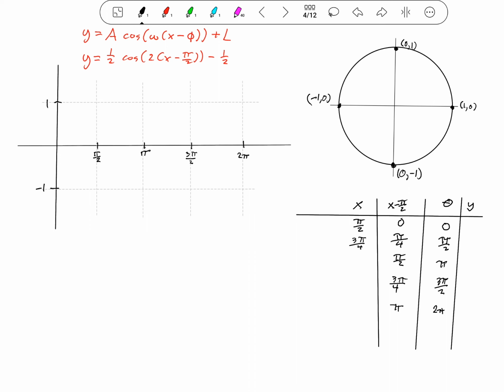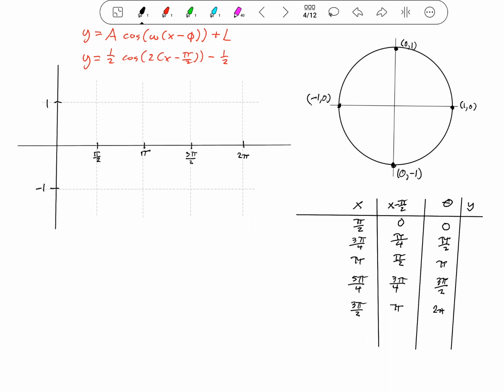If I want x minus pi over 2 to equal pi over 2, x needs to be pi. If I want x minus pi over 2 to be 3 pi over 4, then x needs to be 5 pi over 4. And if I want x minus pi over 2 to be equal to pi, then I need x to be equal to 3 pi over 2.